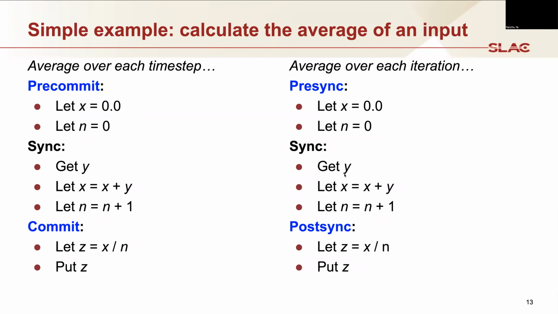We would then get the input, based on that input, we would update the accumulator and update the counters, and then during the post-sync, in each iteration, we would calculate the complete answer, the final answer, and then we would post that as the solution. So you can see that depending on whether you need to do the operation once per time step or once per iteration, you would then use different event handlers to implement the solution.